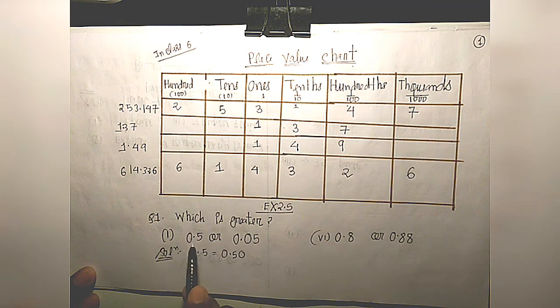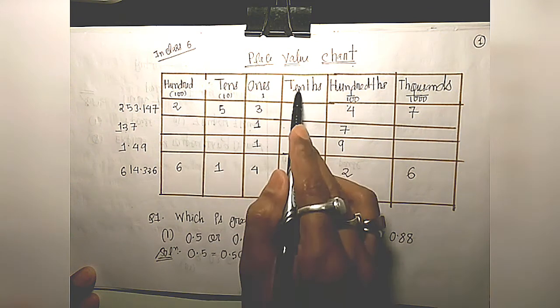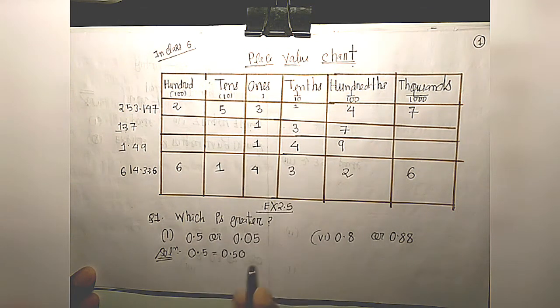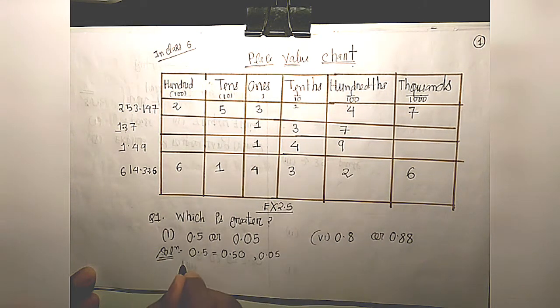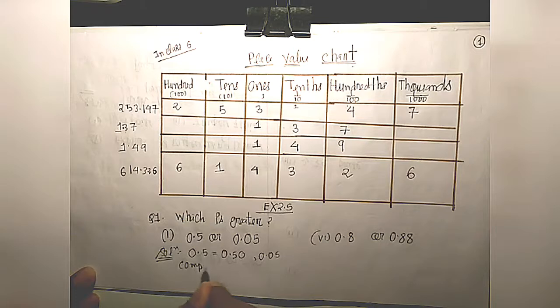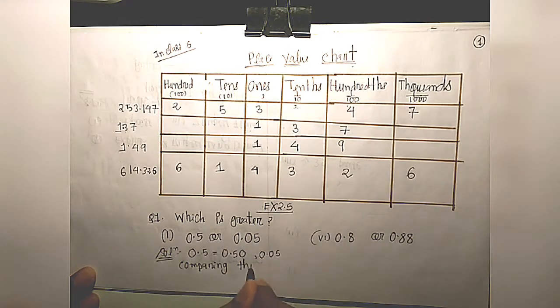The digit 5 is in the tenths place. And in 0.05, what is the tenths place digit? It is 0.